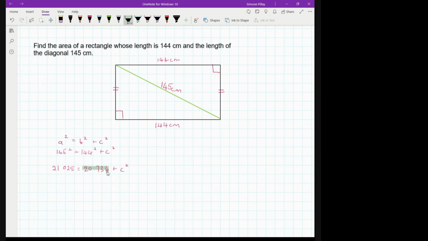Yes, ma'am. Then, ma'am, we are gonna transpose, which is 21,025 minus 20,736 equals to c squared.